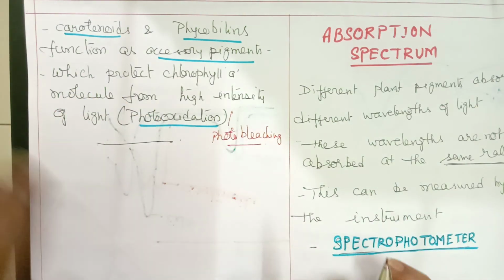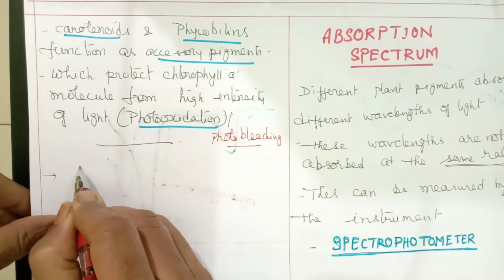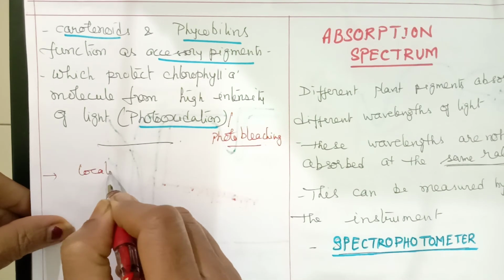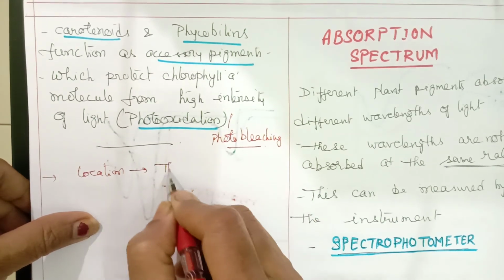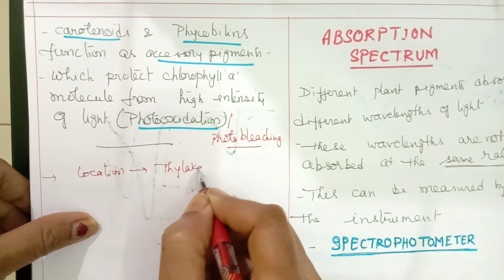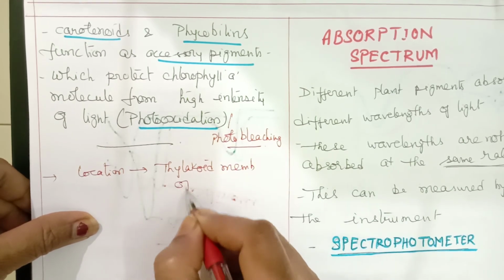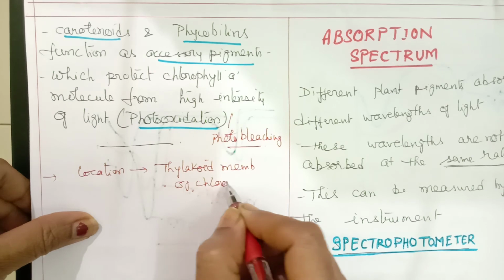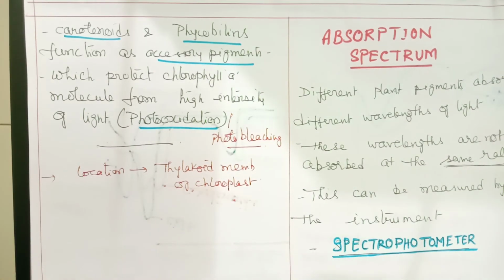Next, an important thing I will mention is where these pigments are located. Regarding the location of these pigments, we find photosynthetic pigments are located on the thylakoid membrane of the chloroplast.